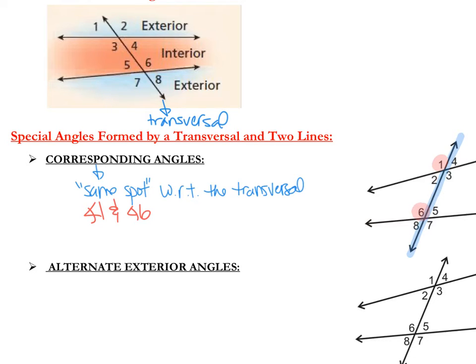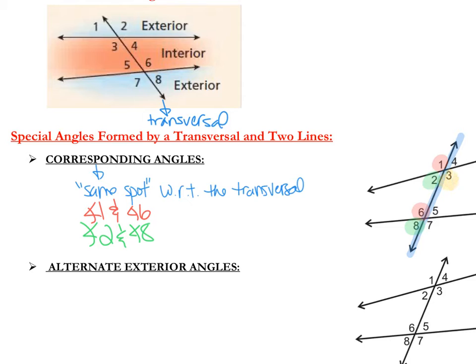Okay. All right, let's take a look at angle 2. So angle 2 is in the bottom left of this set of numbers. So I need to do the same thing down here, bottom left. Oops, I meant to use the highlighter, sorry. There we go. So then we would say angle 2 and angle 8 are considered corresponding angles. Okay, let's keep going.